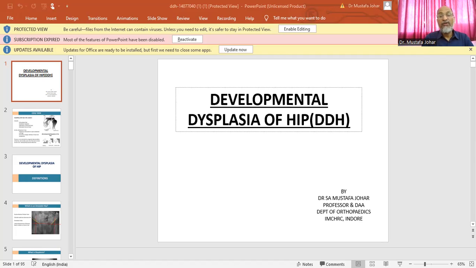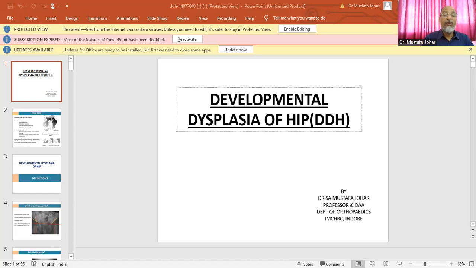Then you have got different theories being given. One theory is the mechanical factor. The other says hormone-induced ligamentous laxity. The relaxin hormone is released when the mother is pregnant.